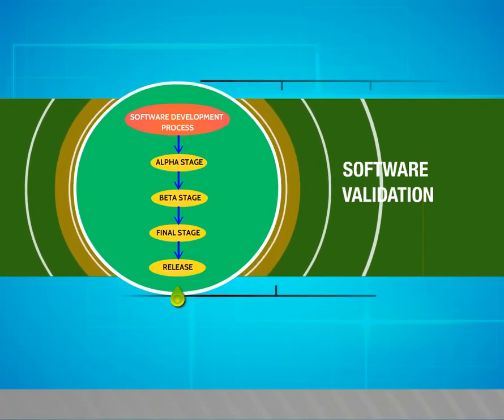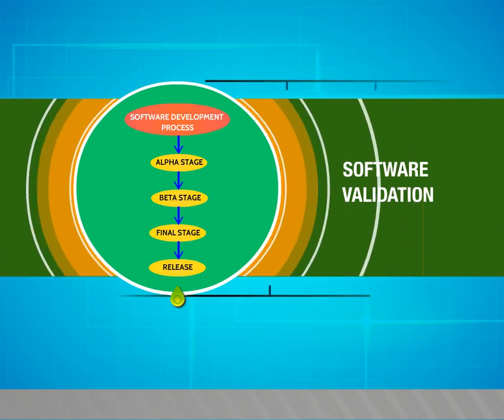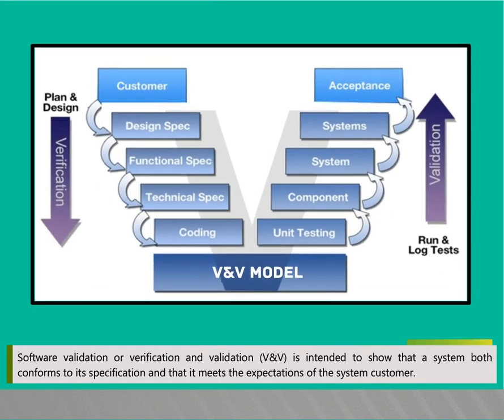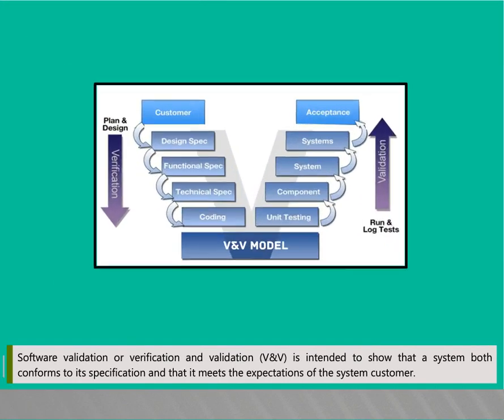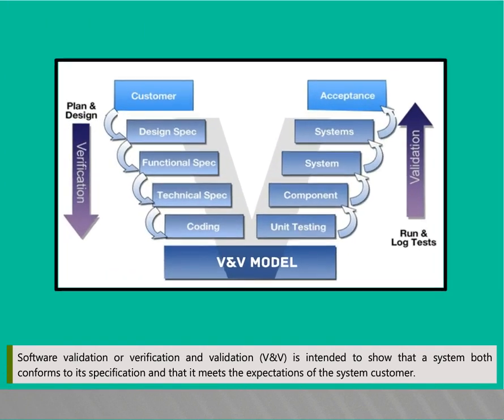Software validation. In this video, we are going to see about software validation. Software validation, or verification and validation, that is V&V, is intended to show that a system both conforms to its specification and that it meets the expectations of the system customer.